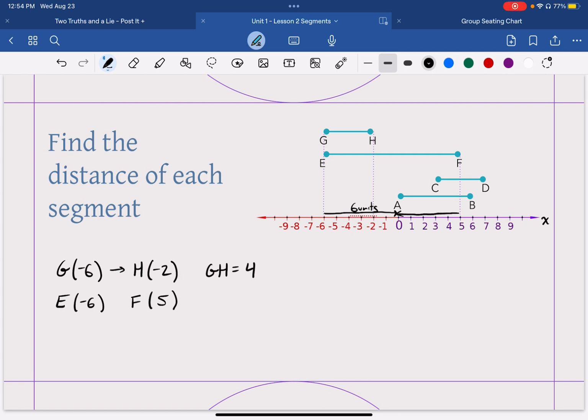And essentially we have 5 units here. Now remember, we need to have units. Since we don't have centimeters, inches, or anything like that, we just call them generic units. This tells us that EF is going to equal 6 plus 5. So we're going to end up with 11 units.